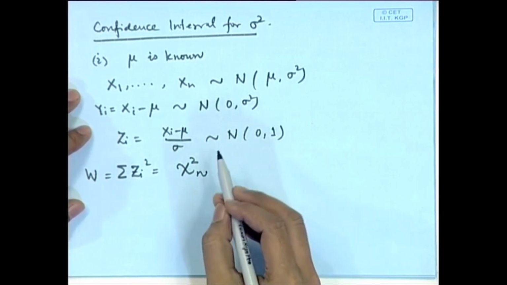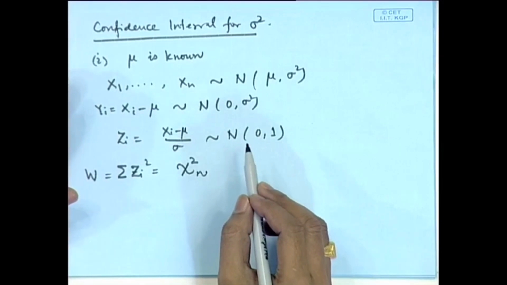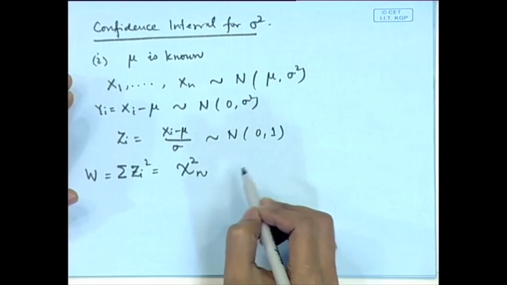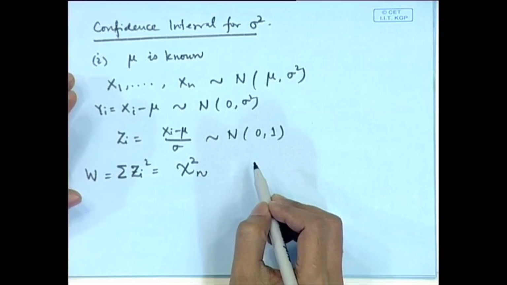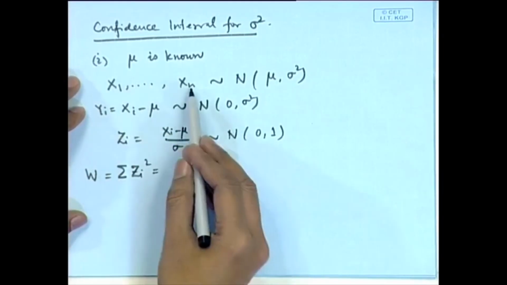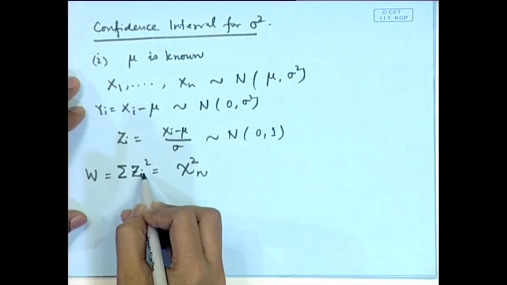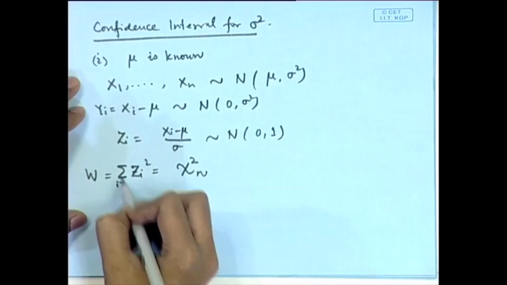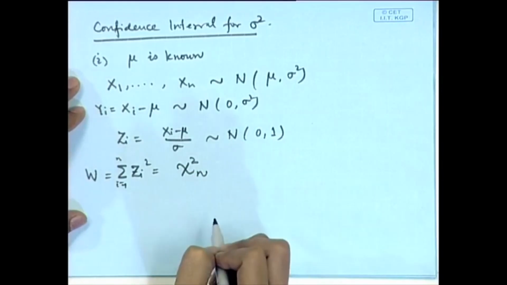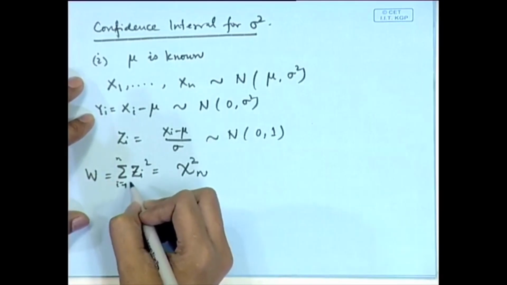We have seen that the sum of squares of n independent standard normal variables follows a chi square distribution on n degrees of freedom. Since the x_i's are independent, the z_i's are also independent, and therefore the sum of squares will follow a chi square distribution on n degrees of freedom. Now look at this statistic w.